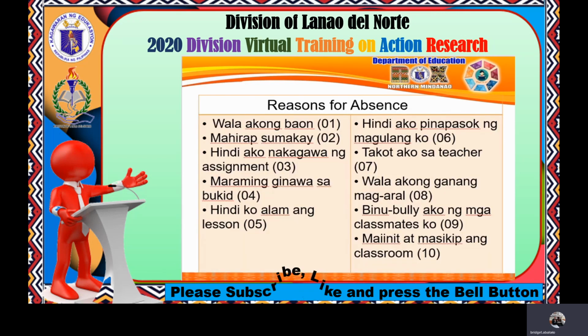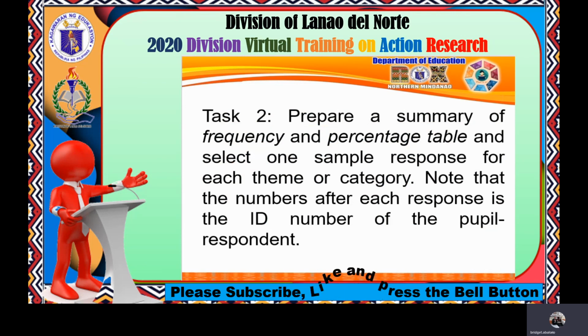Okay. Task 2 for you to prepare: prepare a summary of frequency and percentage table and select 1 sample response for each theme or category. Okay, you do this one. The same is true to what we did in our previous discussion. Note that the numbers after each response is the ID number of the pupil respondent.